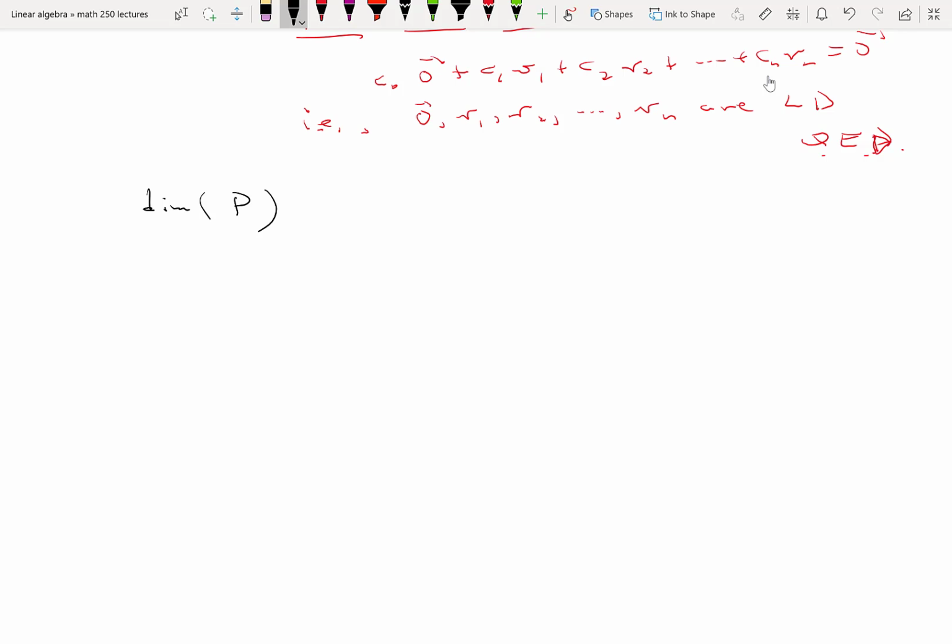The dimension of this vector space is infinity. A basis for this vector space has an infinite number of vectors in it. It has 1, x, x squared, etc. It has all the powers of x. So the dimension of P is infinity.